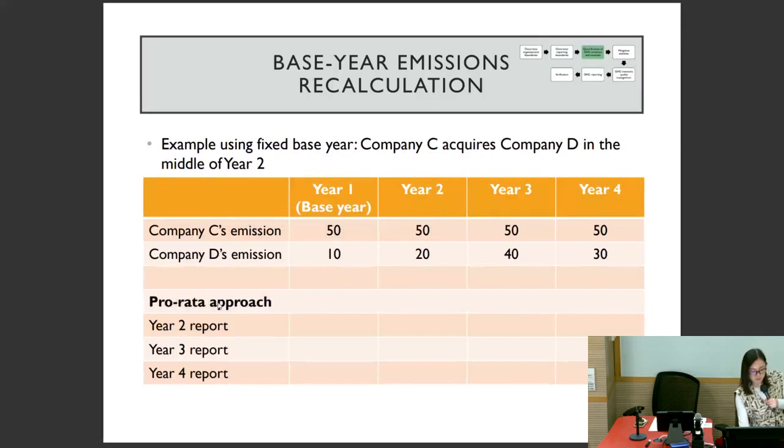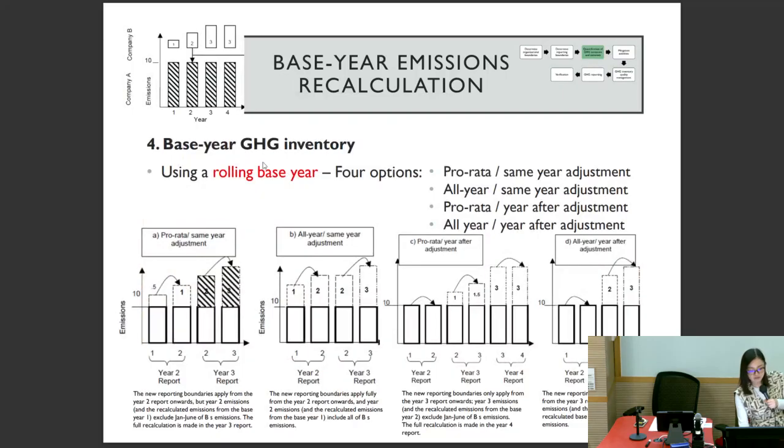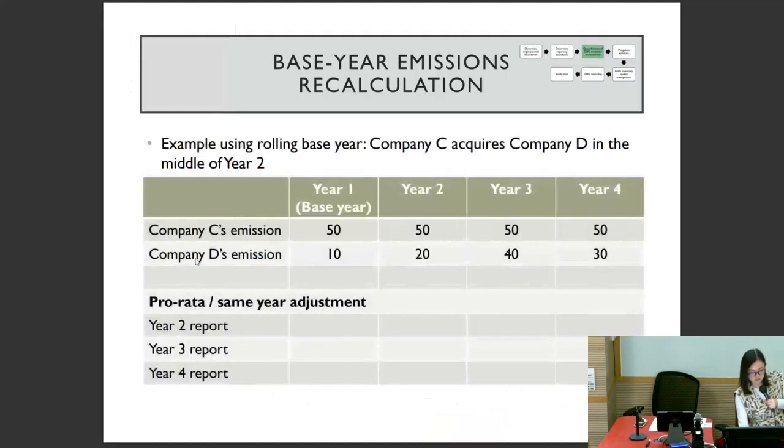This one is using pro rata, and this one is using all year. So there are 2 options for fixed base year, pro rata and all year. And for the rolling base year, 4 options: pro rata same year, all year same year adjustment, pro rata year after, and all year year after.